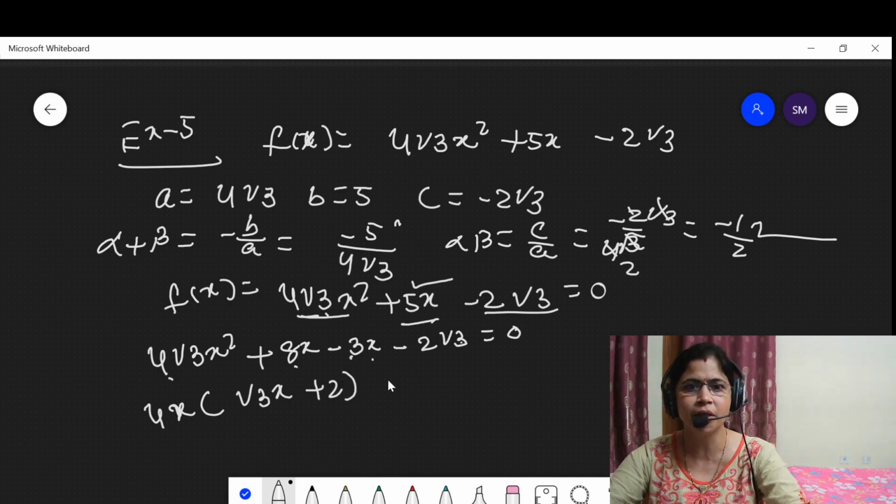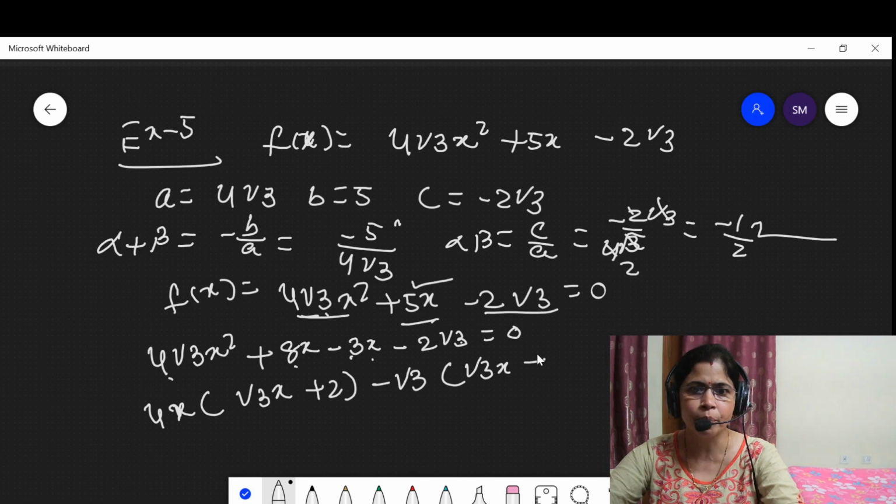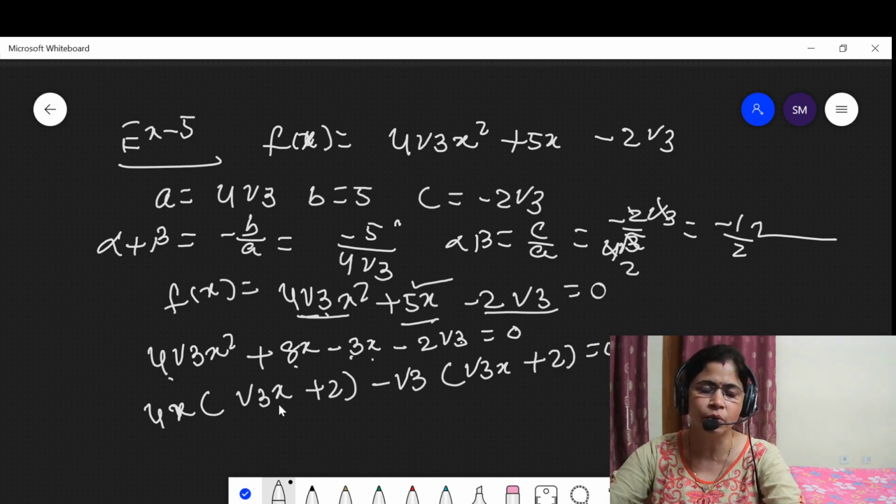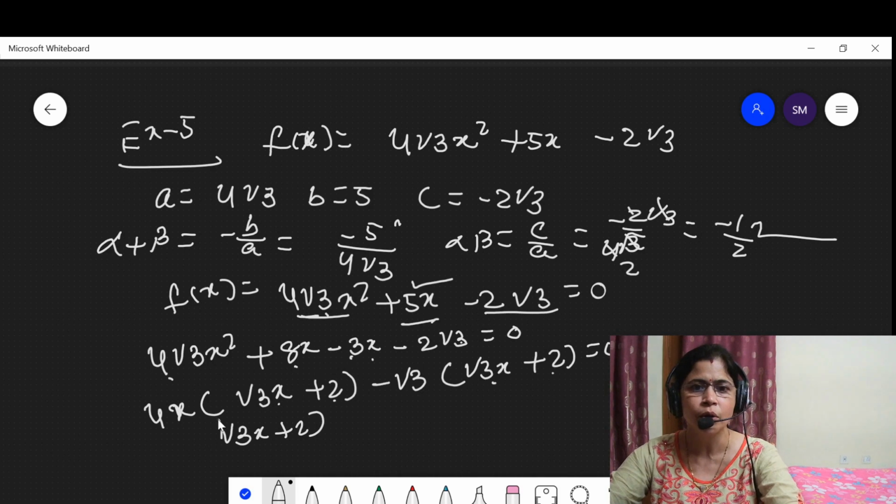Then from these two terms, take minus root 3 common. Then root 3x is left here, and here plus 2 is equal to 0. Then root 3x plus 2 is the common term. Take root 3x plus 2.